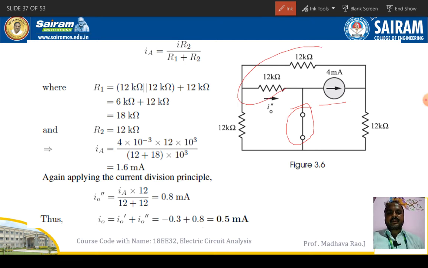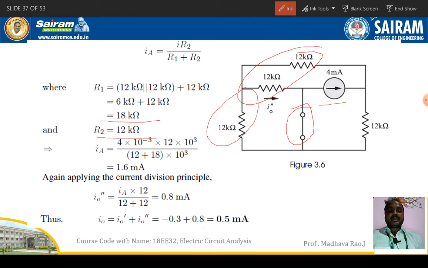These two are in parallel, and in series with this 12 kilo ohm. So finally 8 kilo ohm will come. So 8 kilo ohm and 12 kilo ohm are there in the circuit. Then find out I A using the current division principle.